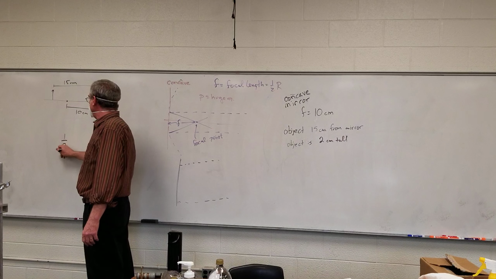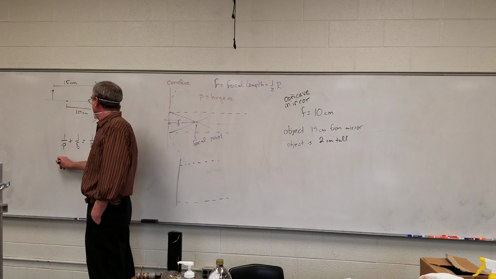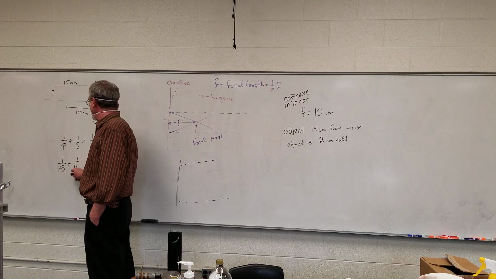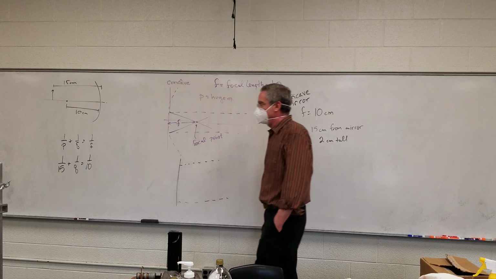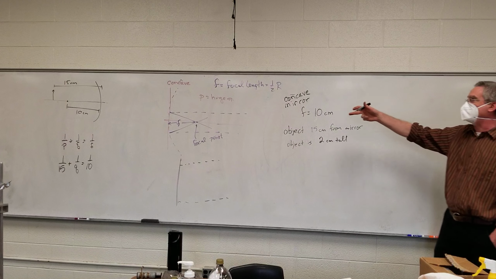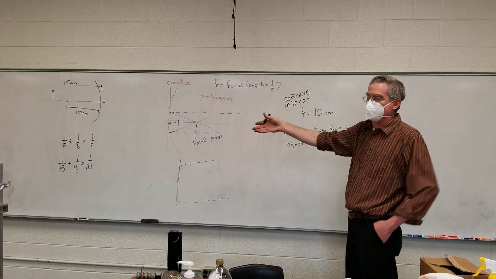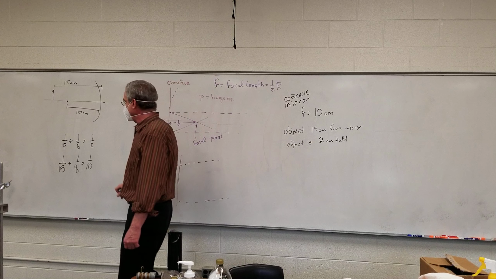So I have 1 over P plus 1 over Q equals 1 over F. 1 over 15 plus 1 over Q is equal to 1 over 10. I didn't write units in here because my focal length and my distance of the object are both in centimeters, so I know Q is going to be in centimeters. But this is the math problem we're dealing with.